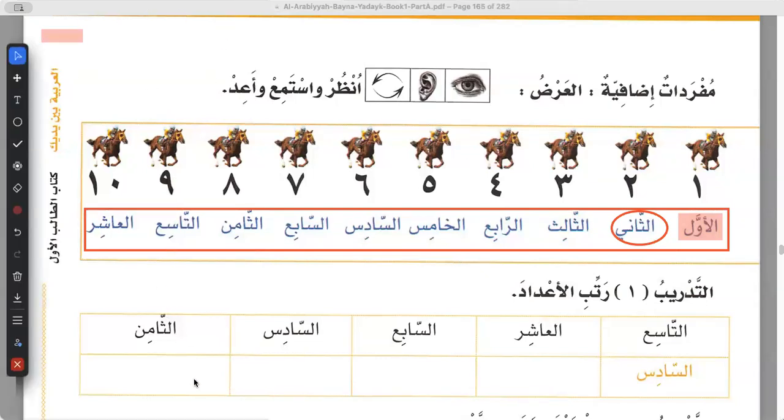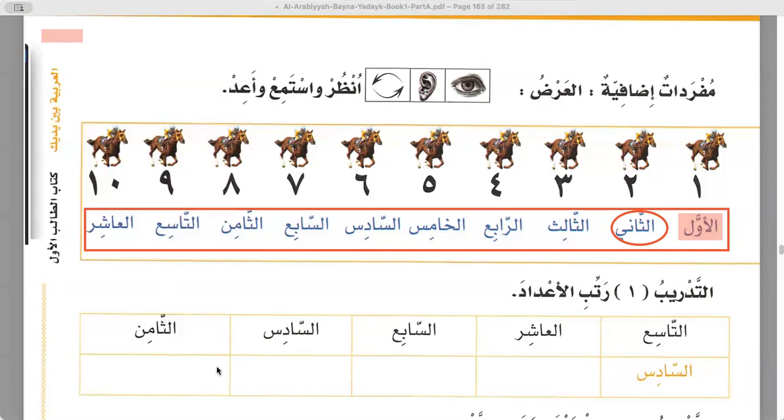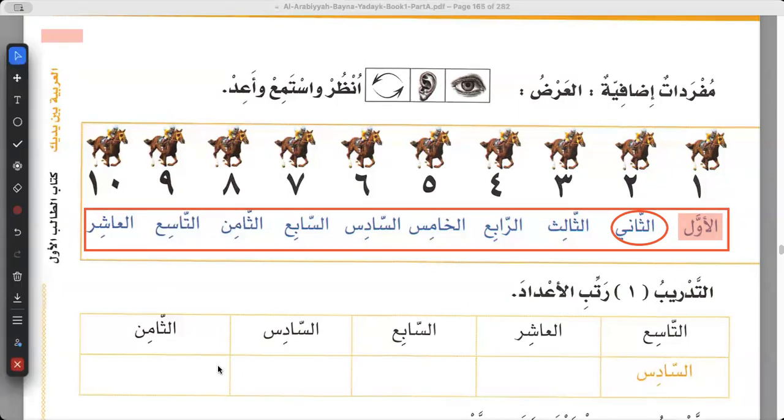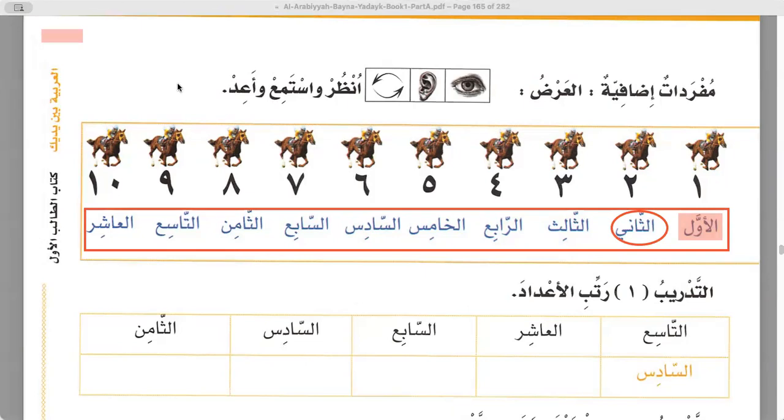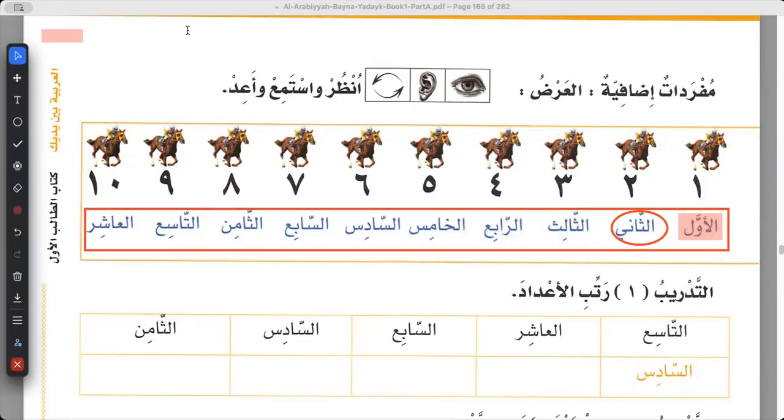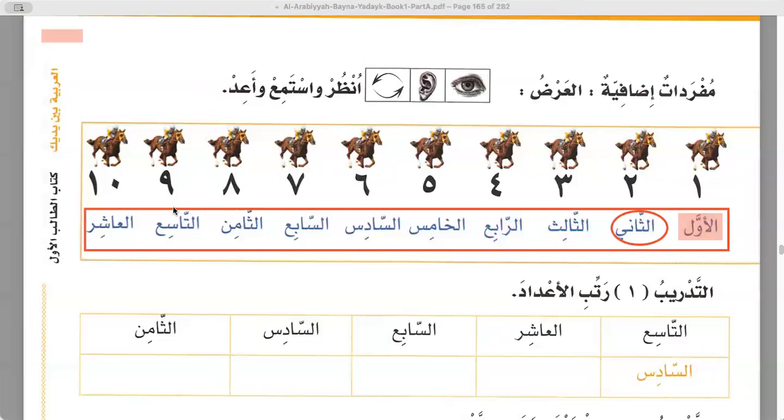That's wrong, though. Ithnatan. The feminine from ithnan is ithnatan.